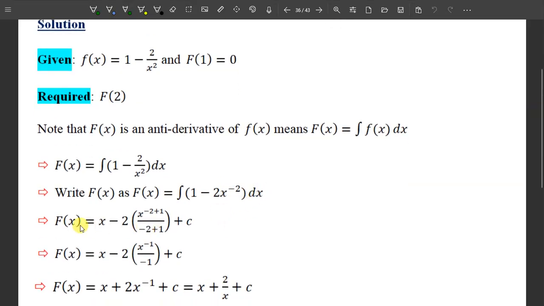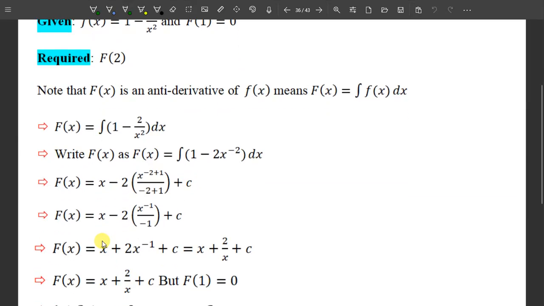The antiderivative of 1 becomes x, because when we differentiate x, we get 1. The sign in between is minus 2, and the integral of x to the power of minus 2 becomes x to the power of minus 2 plus 1 over minus 2 plus 1, plus a constant c.